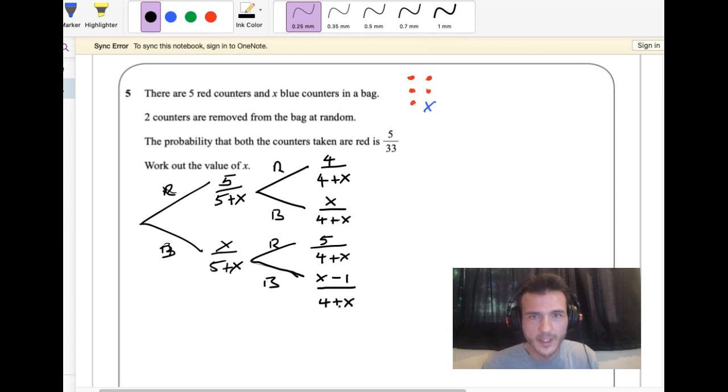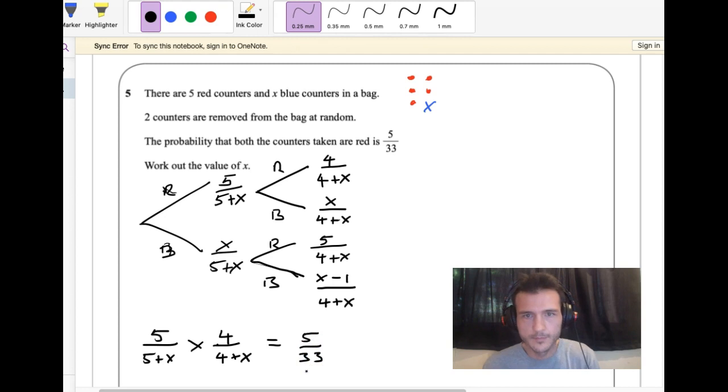Probability that both the counters taken are red is 5 over 33. So it's going to be this probability times this one. And that is 5 over 5 plus X times 4 over 4 plus X. And it equals 5 over 33.